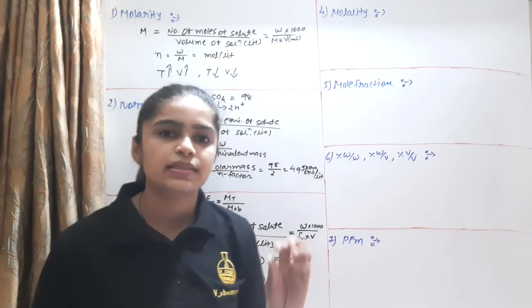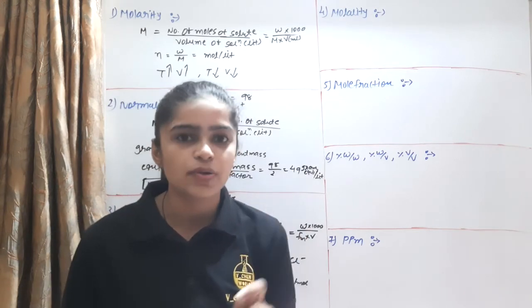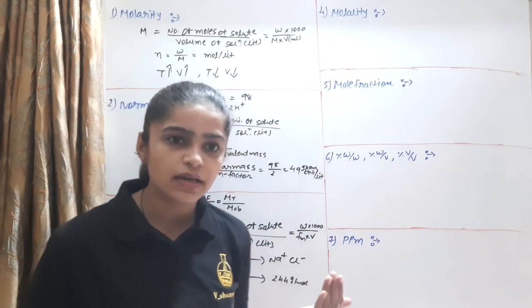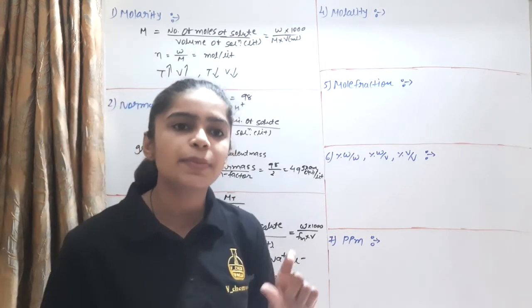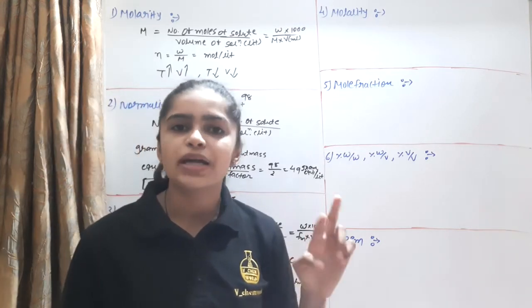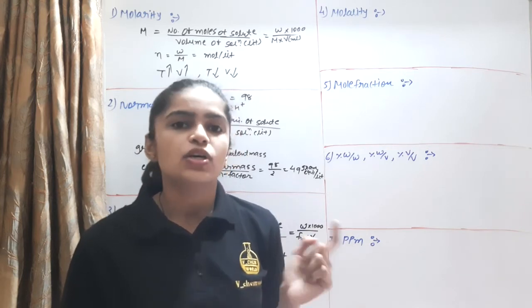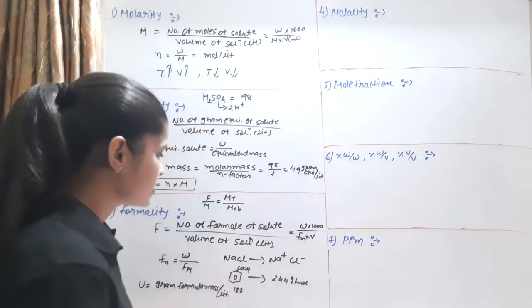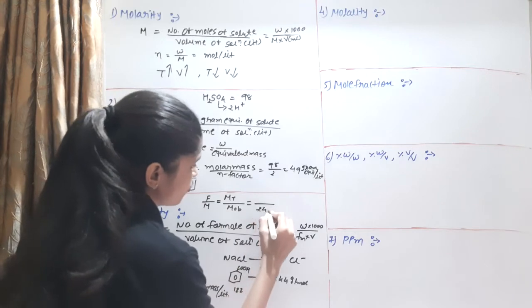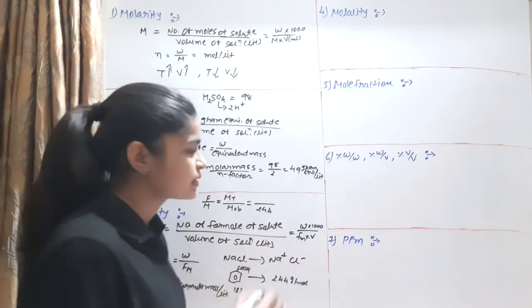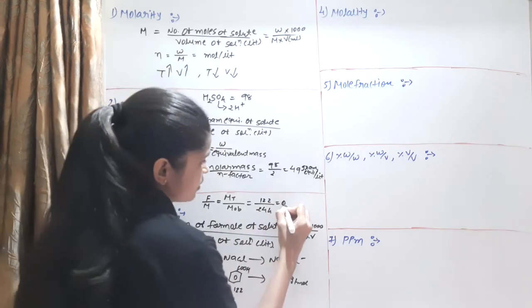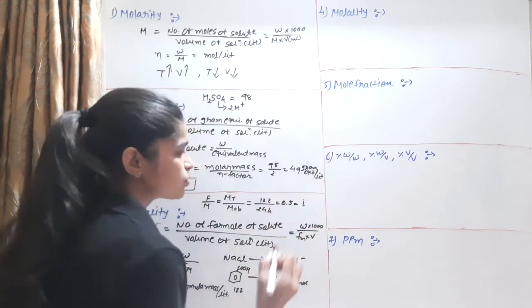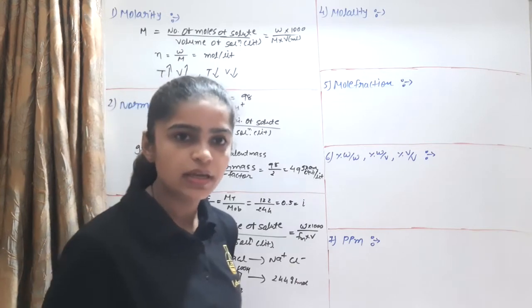Theoretically we consider only one molecule, but in practice, observed molecular mass means benzoic acid combines together and gives dimerization. So its observed molecular mass is 244, whereas the theoretical mass is 122. That gives the ratio, and this ratio is known as the Van't Hoff factor.